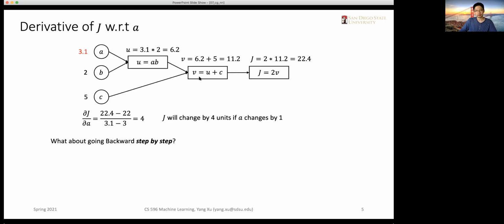In this case, 0.1 is the smallest unit, but of course, if we say A is changed by 0.01, that could also be 1 unit. This is very flexible.